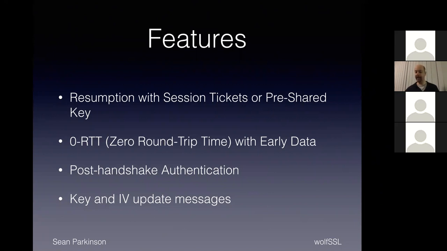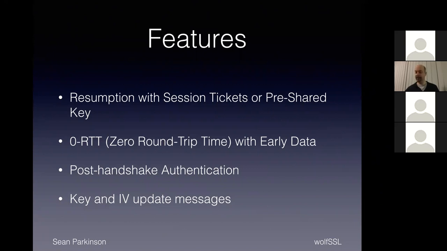Another new feature is post-handshake authentication. This is referring to client authentication using certificates. If a client is connecting to a website where some of the pages need authentication and others don't, the server may delay client auth until after it has seen the URI request. That is, the client auth happens post-handshake.